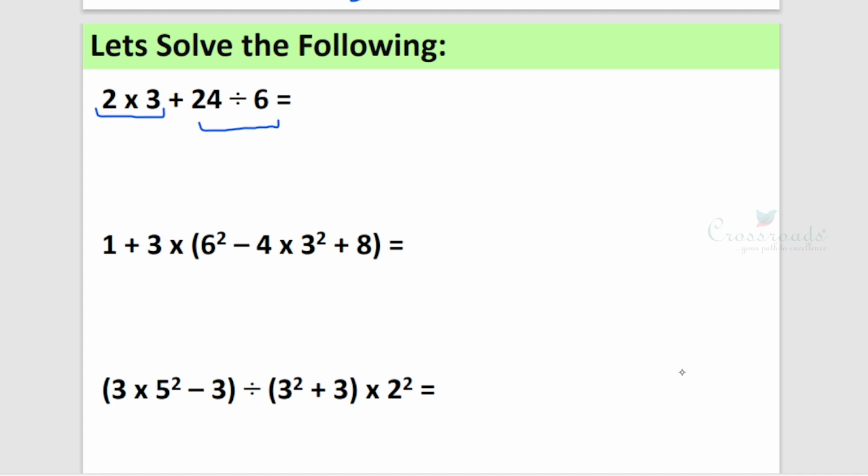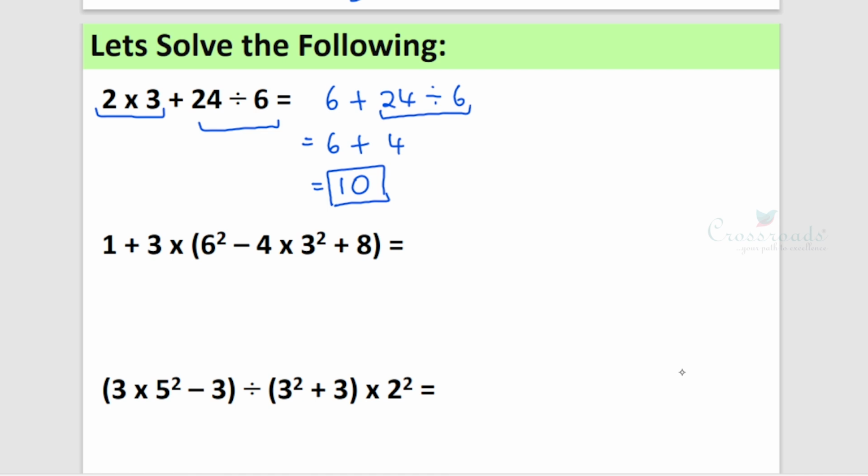So 2 into 3, the answer is 6, plus you copy this again if you want. Going to the next step, 6 plus, now we solve the division part. 24 divided by 6, answer is 4. 6 plus 4, the answer is 10. This becomes our final answer.